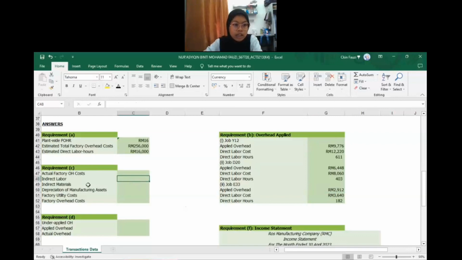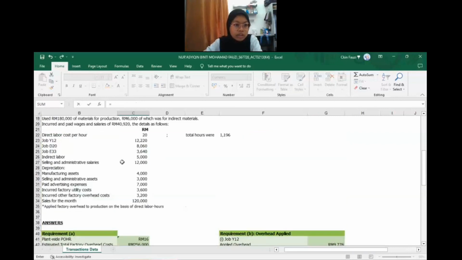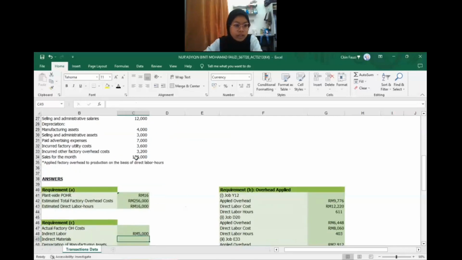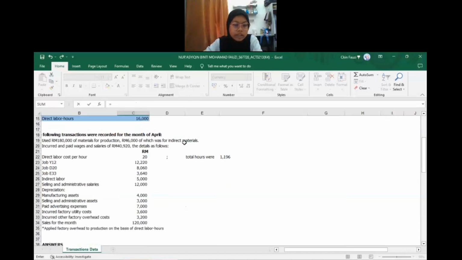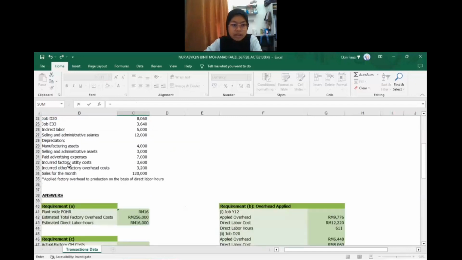So the indirect labor cost is 5,000. Indirect materials, question C says 180,000 of material for production and 6,000 of which was for indirect materials.